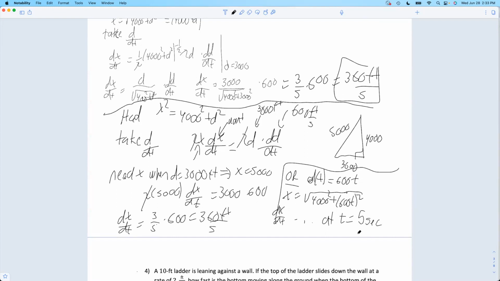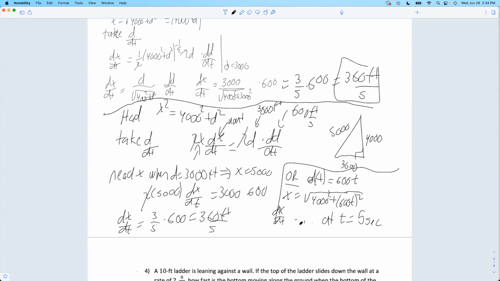So we could explicitly write out x as a function of time. We literally know the formula for x here. And then take the derivative. We got to solve for the time. So plug the time into the derivative. And like you could check this on your own, you would get exactly the same thing.